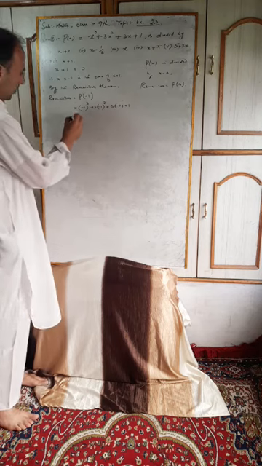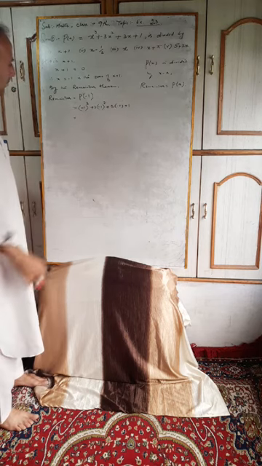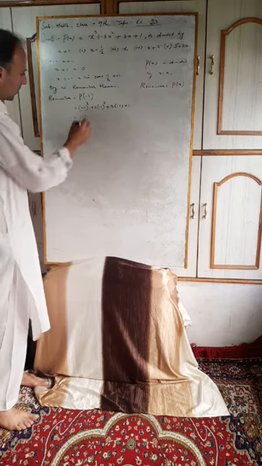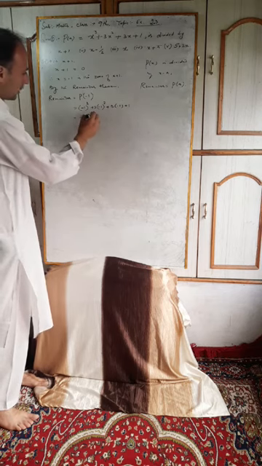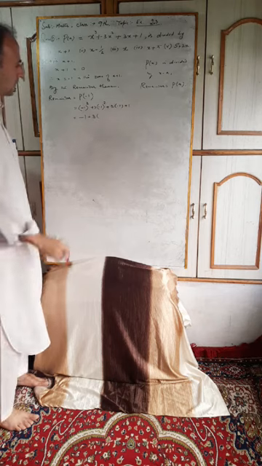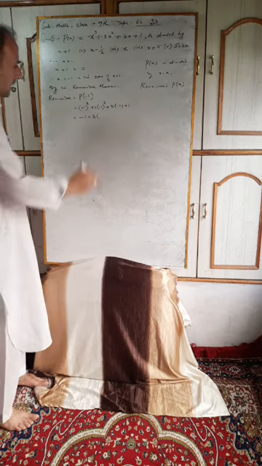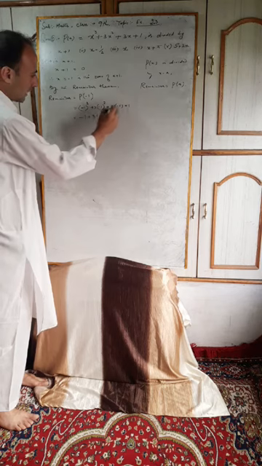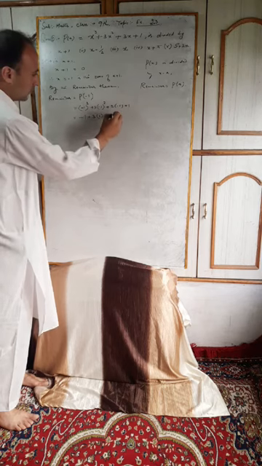So (−1)³ means −1 is to be multiplied thrice, so it will be equal to −1 plus 3 into (−1)², means −1 into −1 is +1, plus 3 into −1 is −3, plus 1.